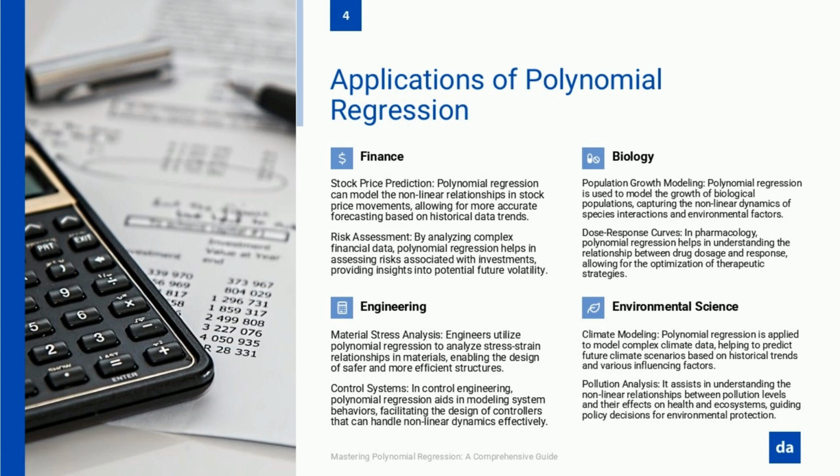These applications highlight the versatility of polynomial regression. Its ability to capture nonlinear relationships makes it invaluable across disciplines where patterns are complex and ever-changing. Next, we'll explore the step-by-step process of building a polynomial regression model, from data collection to model evaluation.